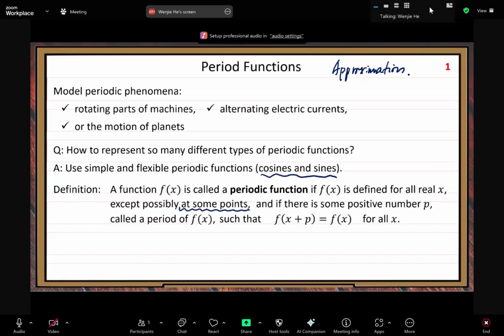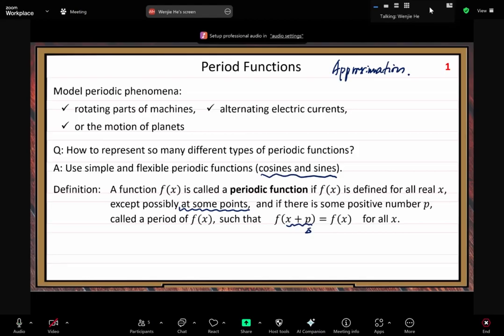So here you can see when you shift, because x plus p, this p is fixed, always fixed. For any x, you look at the value, you do the shift, you add x by p units.